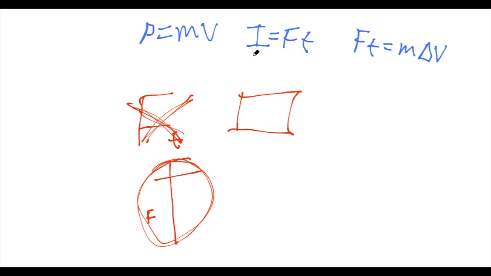And again, to have an impulse means I'm going to end up changing my momentum. And we can see over here, anywhere I see Ft, I could put I, right? I, or impulse, is going to be the thing that causes my momentum to change.